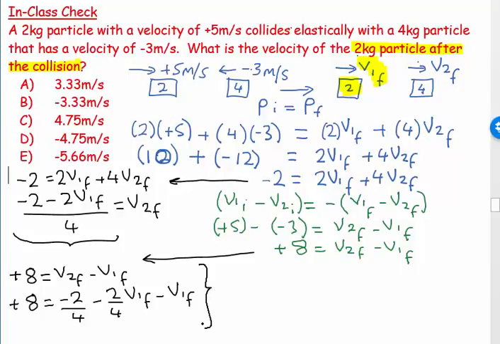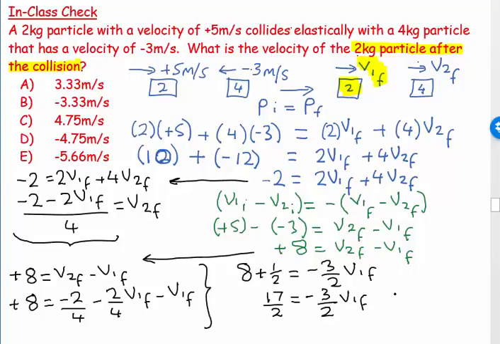So I need to do a little bit of rearrangement here. So I have 8. This is a half. It's negative. So I'm going to say plus 1/2 is equal to minus 1/2 and that's minus 1, so minus 3 over 2 v1 final. So that would be 16 plus 1, 17 over 2, is equal to minus 3 over 2 v1 final.